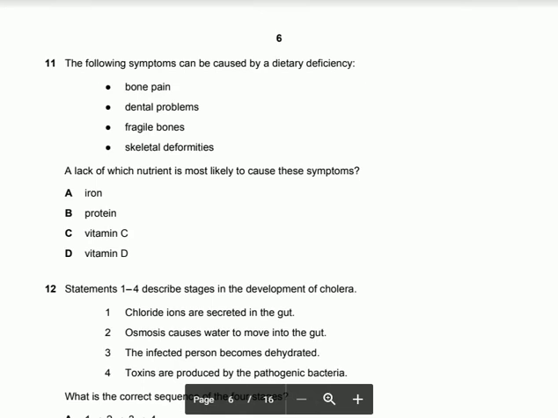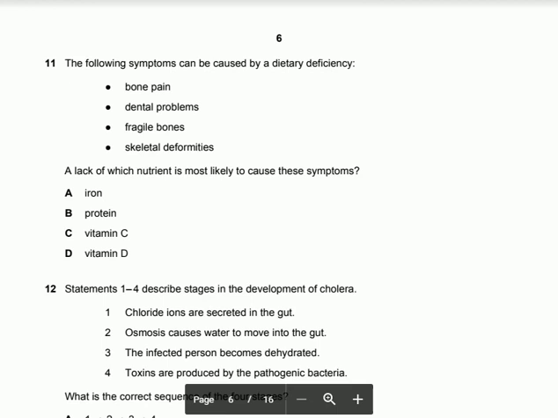Okay, number 11, moving on. The following symptoms can be caused by a dietary deficiency: bone pain, dental problems, fragile bones, skeletal deformities. Options: calcium, but actually iron, protein, vitamin C, vitamin D. It's certainly not vitamin C, and it's probably not iron.